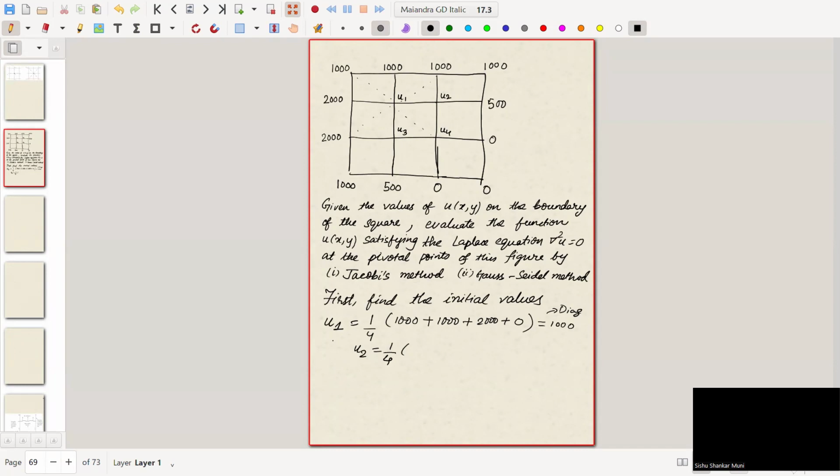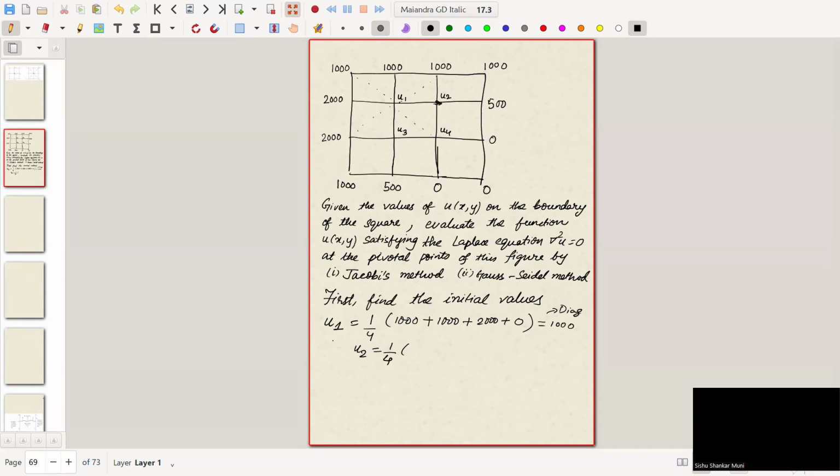It doesn't mean that for all the mesh values you have to use standard 5-point, or for all of them diagonal. You can use a combined way, standard wherever you want, diagonal wherever you want, only for the initial guess. After this, use either Gauss Seidel or Jacobi, again and again iteratively till you find a solution.